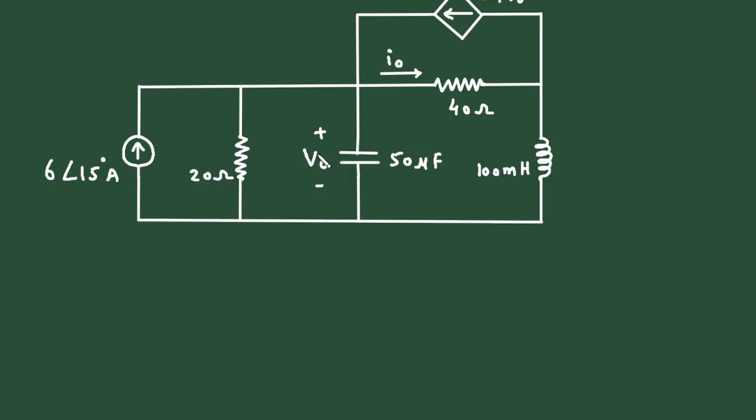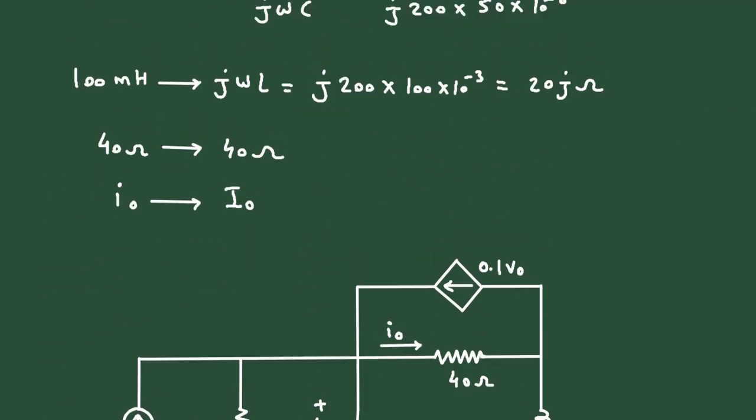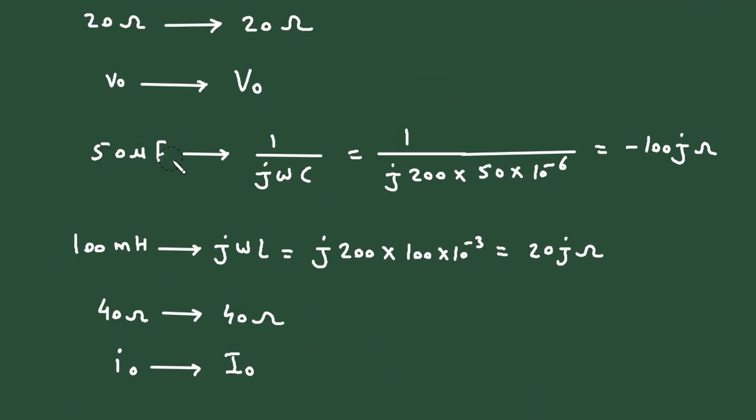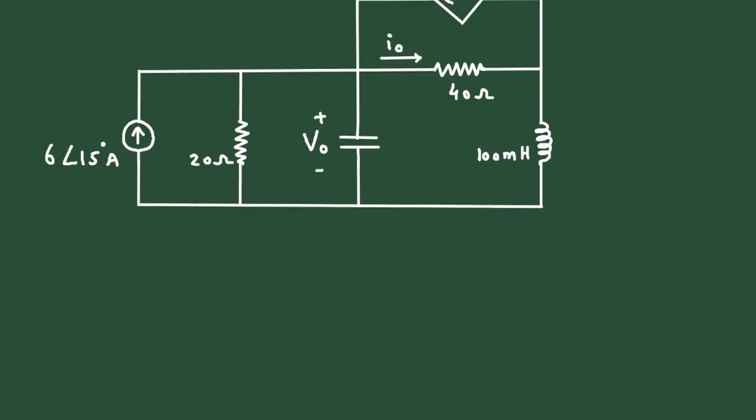This small vo will change to capital Vo. 50 microfarad will change to minus 100j ohm.